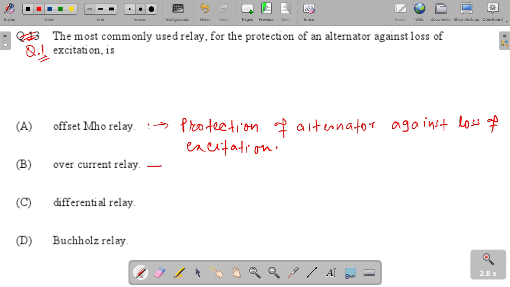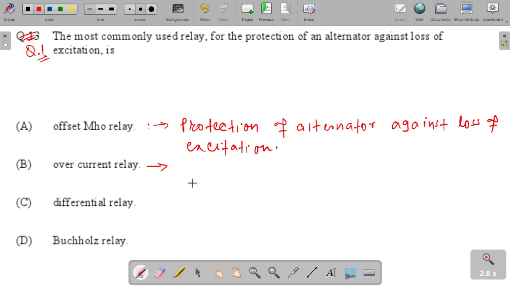The next option is the overcurrent relay. This is again a protective relay. An overcurrent relay is a type of protective relay which operates when the load current exceeds a pickup value.